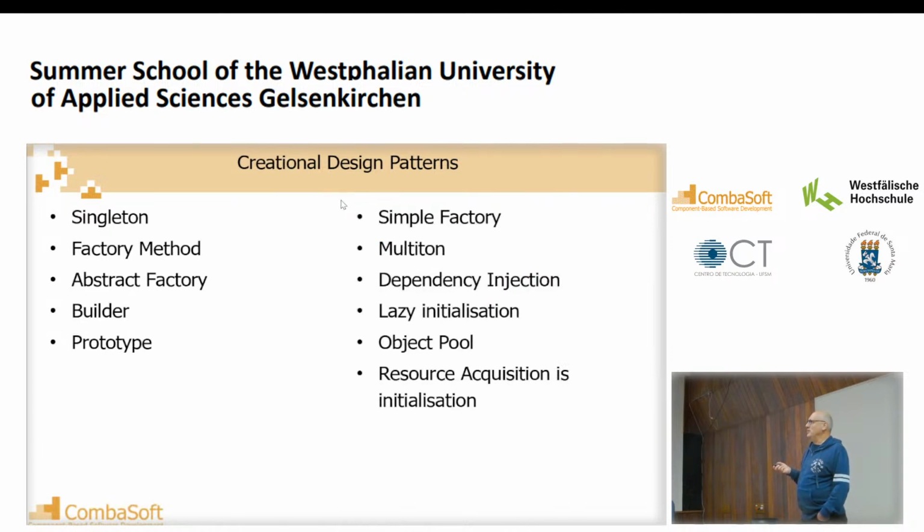The simple factory is a very, very simple starting point to understand how factory method and abstract factory work. Singleton and multiton are similar but different in a way that a singleton is a pattern where you have to generate only one object from the class.